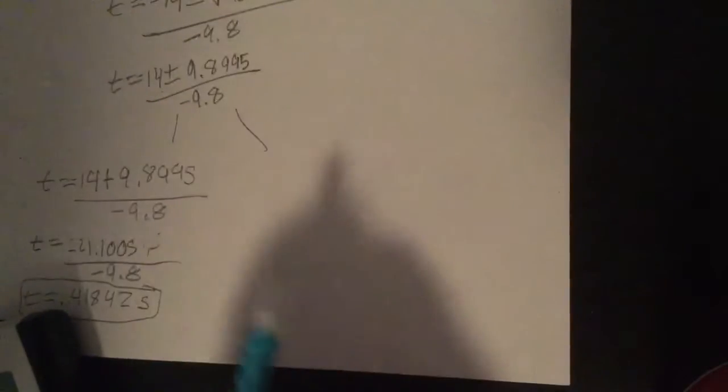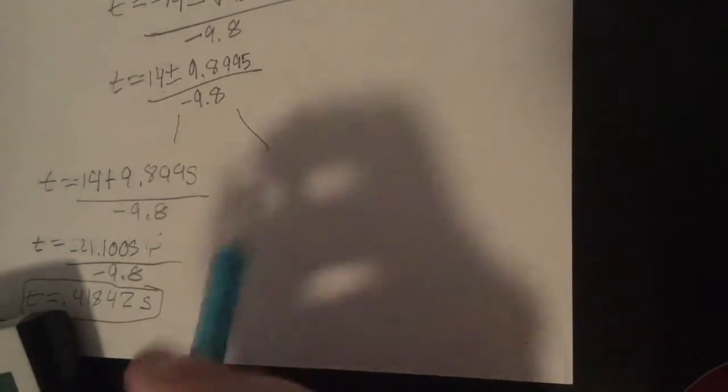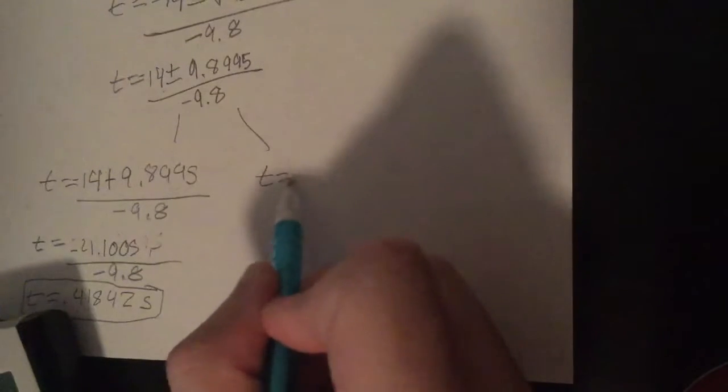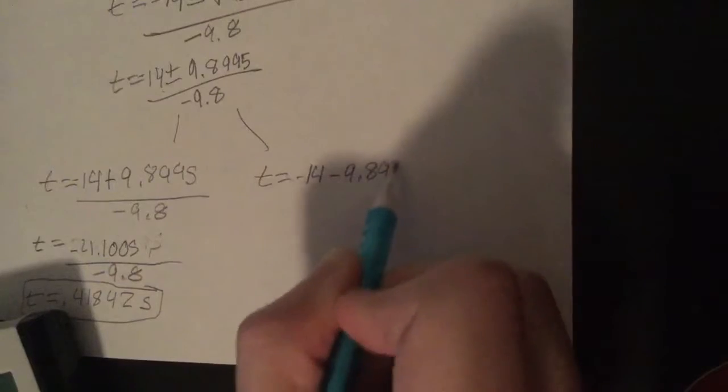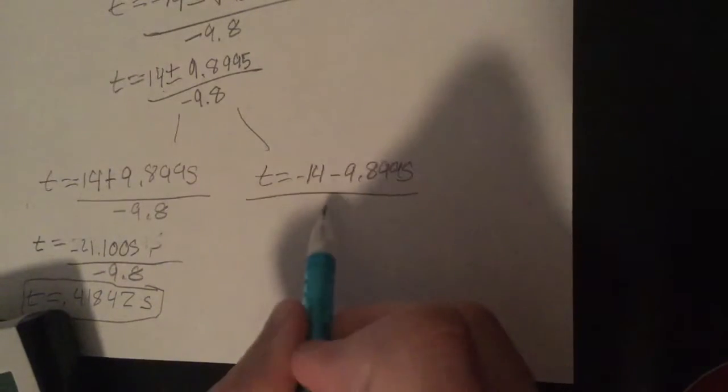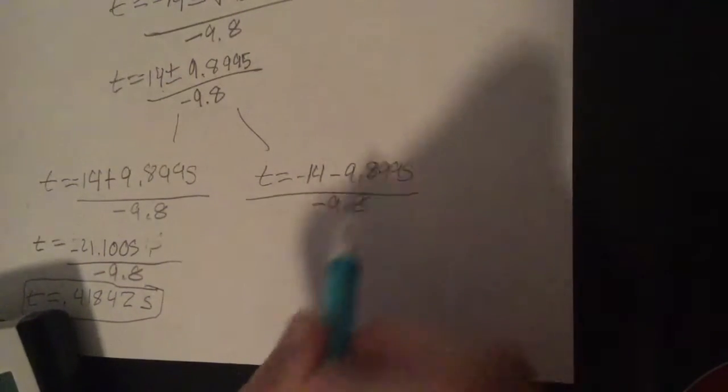On the other hand, up here, we're going to have to solve the other way. So we're going to have time equals negative 14 minus 9.8995 divided by negative 9.8.